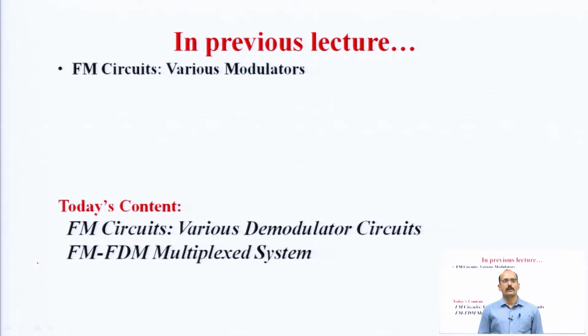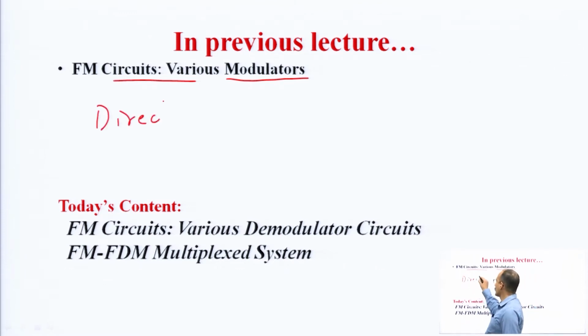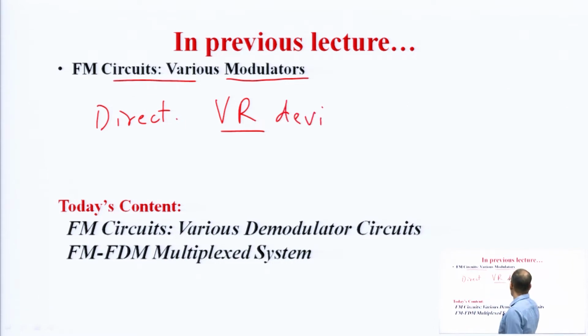In the previous lecture we understood the various frequency modulators that use the direct modulation method, using a varactor diode, or voltage variable capacitor, or variable reactance devices. Today we are going to concentrate on FM circuits, the various demodulation circuits.